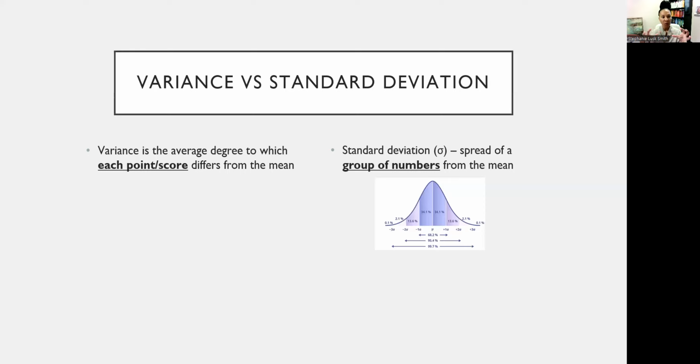So both of these numbers will give us some idea of variance and how things are spread out in relationship to the mean. But variance allows us to look at each individual score, whereas our standard deviation looks at these numbers as a group and then calculates how the numbers or the scores as a group move out and away from the mean.